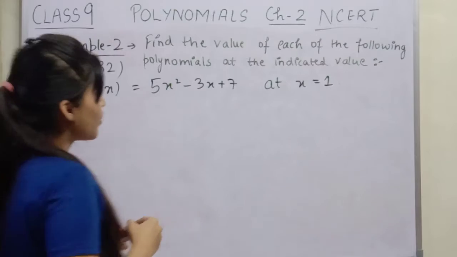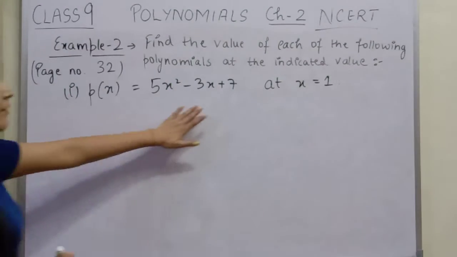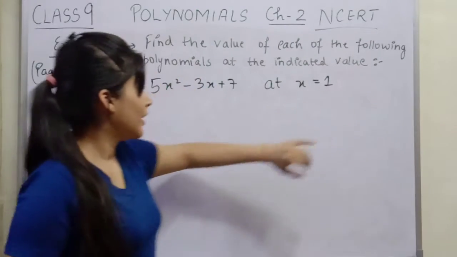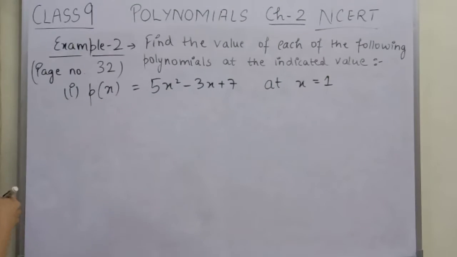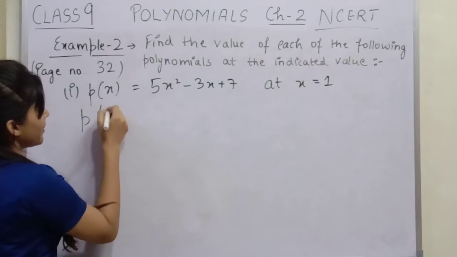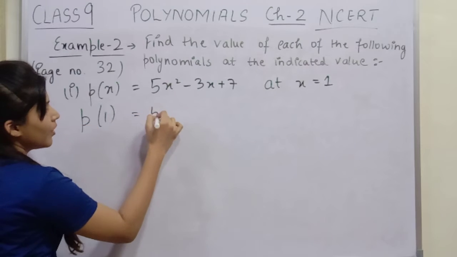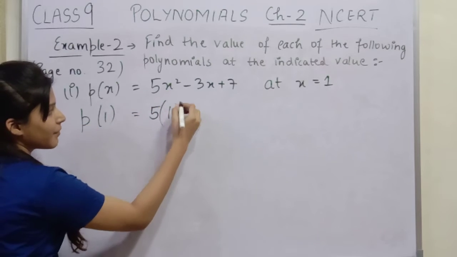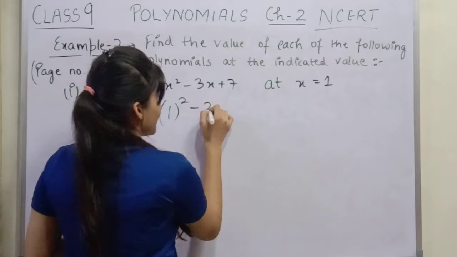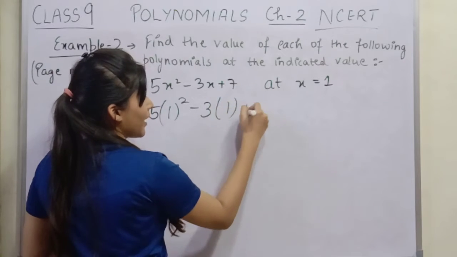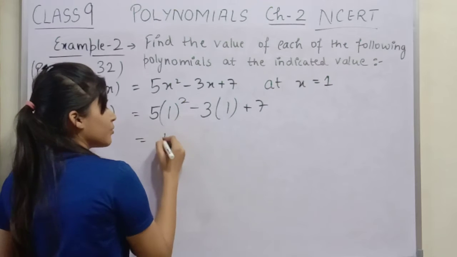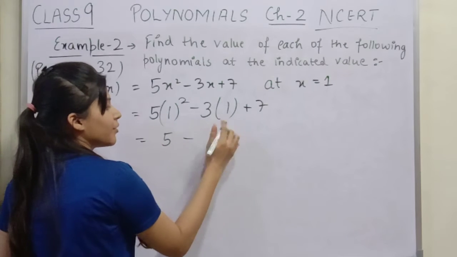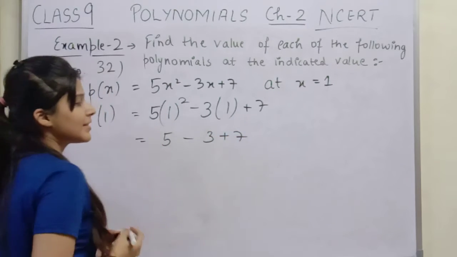Okay, so now what we need to do is put the value of x as 1 in this polynomial. In place of x we have to write 1 now. So p(1) equals 5 as it is, in place of x, 1 squared as it is, minus 3 as it is, in place of x, 1, plus 7 as it is. Right, so 1 squared is 1 only and 1 into 5 is 5 only. 3 into 1 is 3, plus 7.